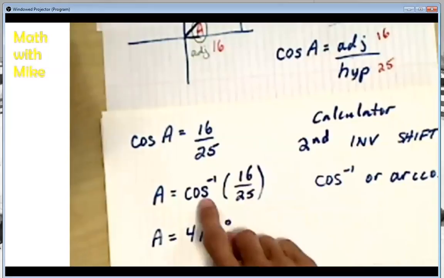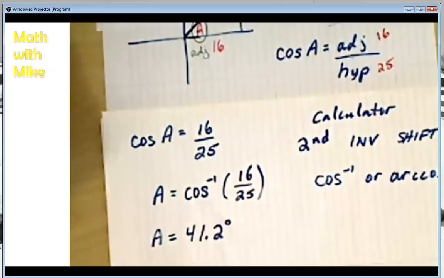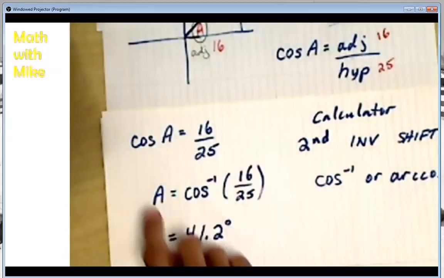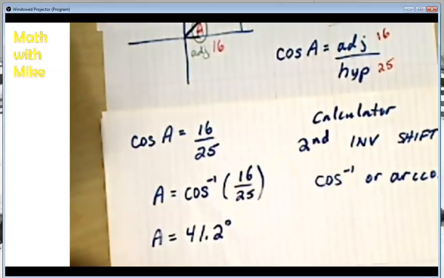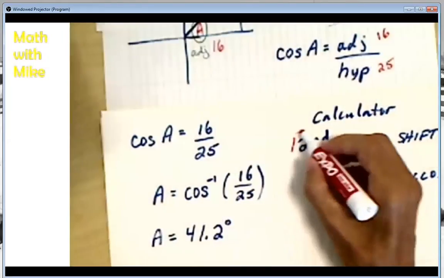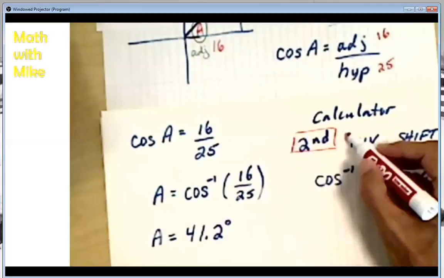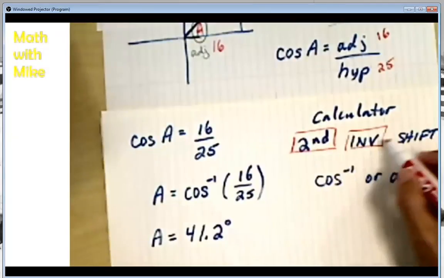I have only cos, without the minus. No, in my calculator, yeah, that's right. There's a cos without the minus. So what you have to look for is some special buttons. Second, or inverse, maybe shift.